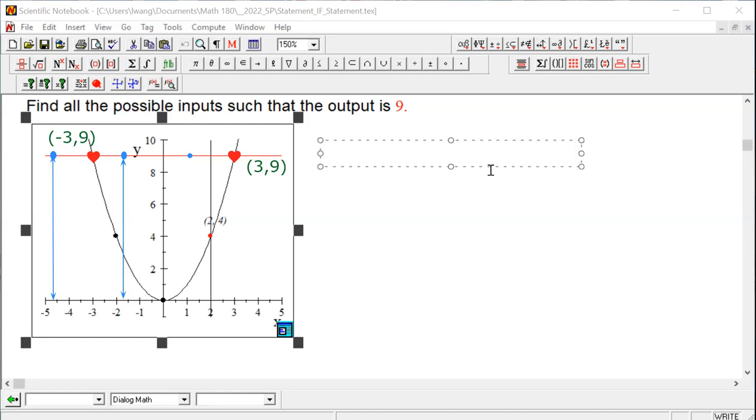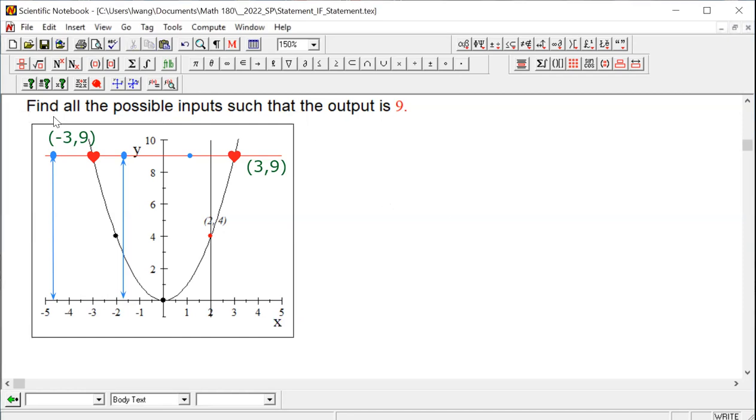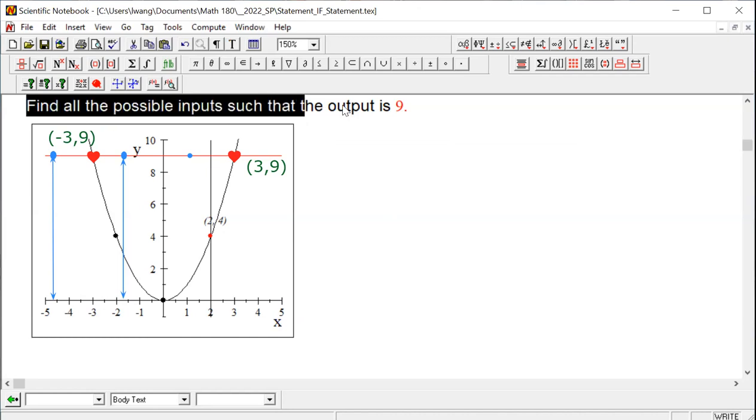And look at that question we talked about earlier. Find all possible inputs such that the output is 9. So how many possible inputs such that the output is 9? Well, 2 of them, -3 and 3. This is the full meaning realized, right?